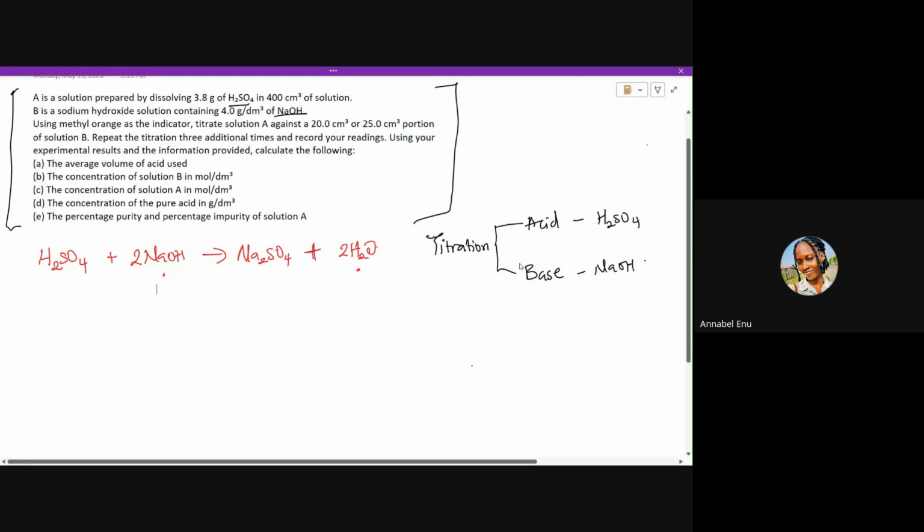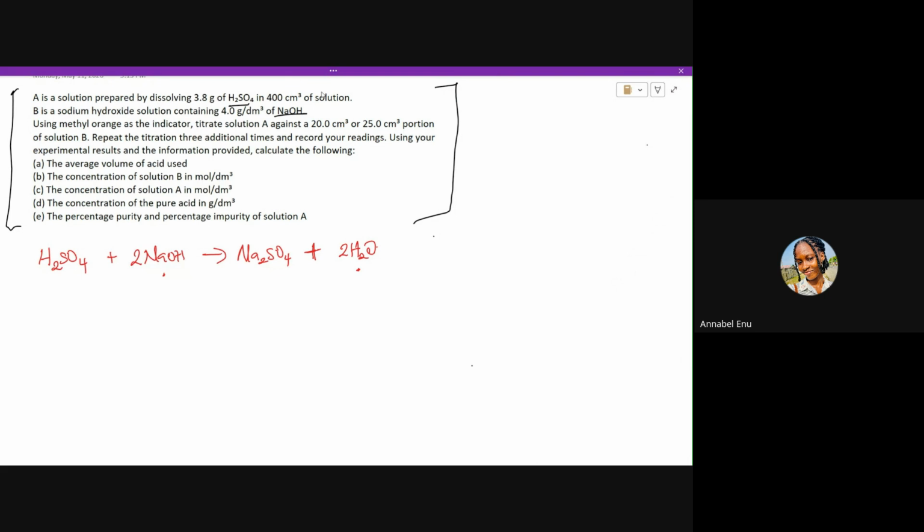Now, some formulas we should take note of. I believe I already wrote it down in one of the previous classes. Formulas we should be taking note of is this, our general formula.